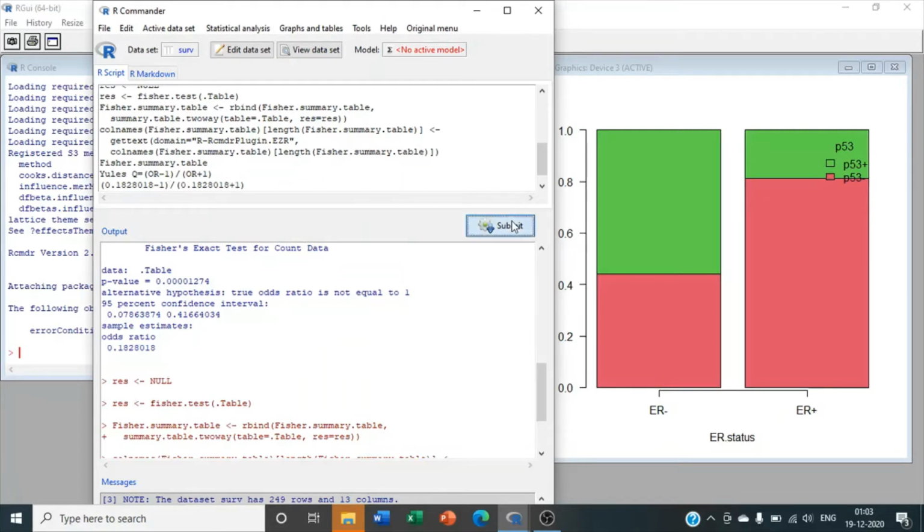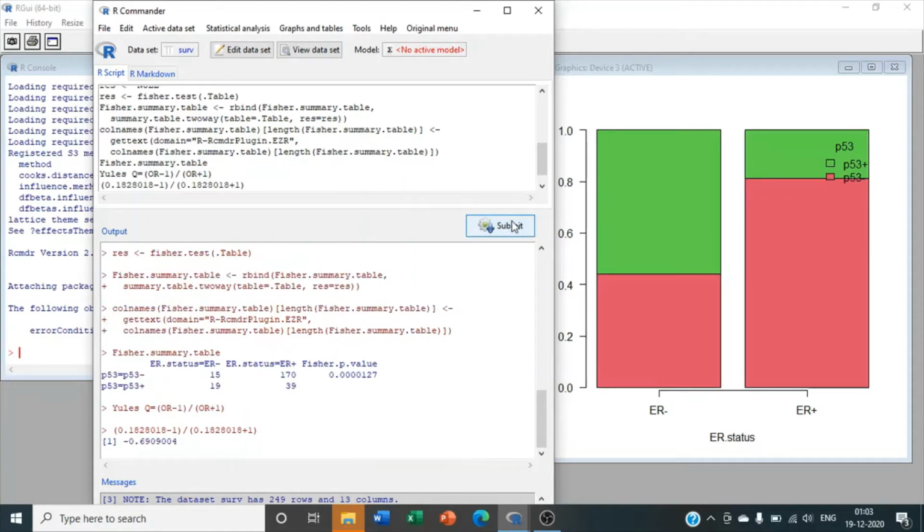Let us see what is the value of the Yule's Q. The Yule's Q is minus 0.69090004, that is minus 0.69. Quite a high absolute value, around minus 0.69. It is closer to minus 1 than it is to 0. We can see that the relationship is quite strong.